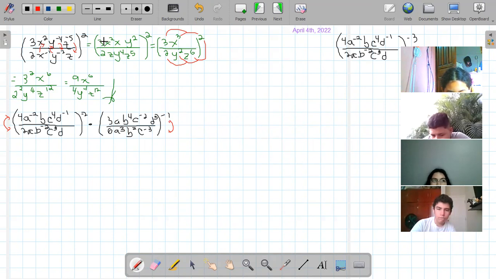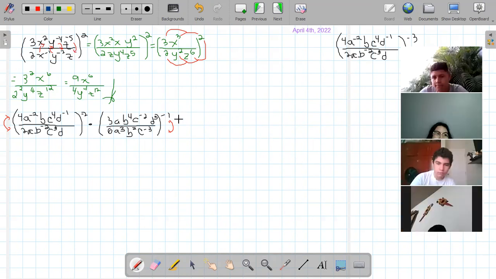And for you to see exactly what I'm doing, I'm gonna do this parenthesis in blue and this parenthesis in green. Okay, so the first step, I'm gonna reverse it. So everything that's on the denominator will now go into the numerator, right?